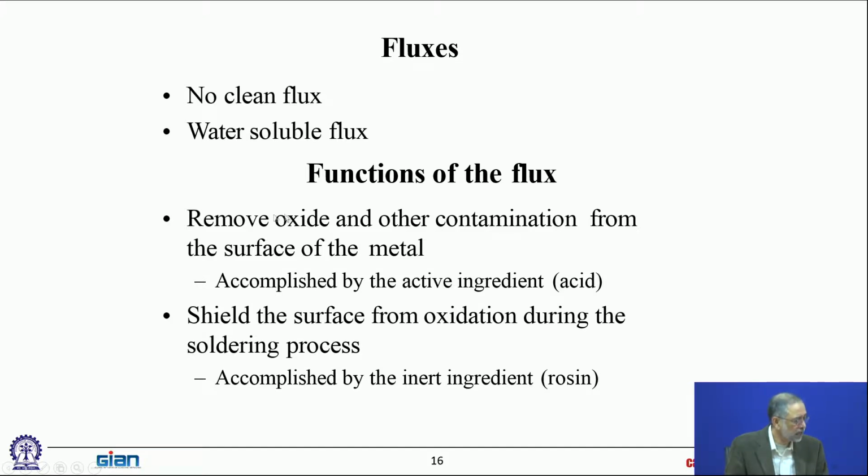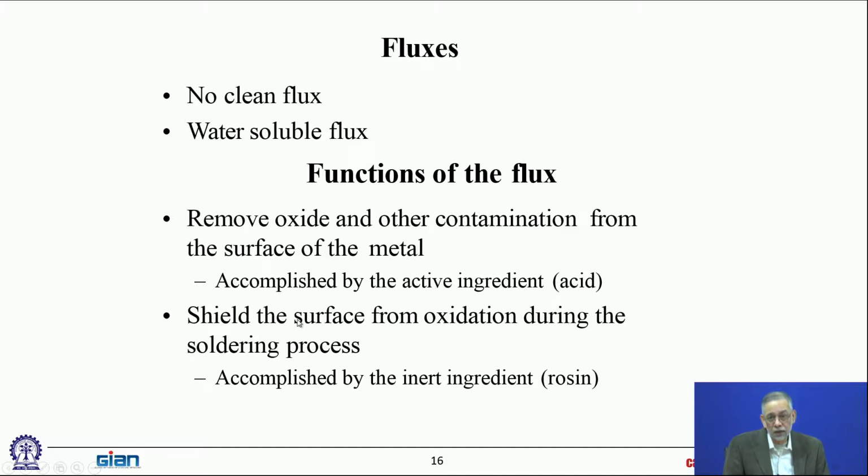Okay? And the purpose, as we said, is to act as a reducing agent, and some other contaminations also, not just oxides, but the primary target is oxides. Remove those that had formed during storage and those that are trying to form because of the high temperature during soldering. Okay. So during the soldering, we also try to minimize the amount of oxidation that's going to happen.